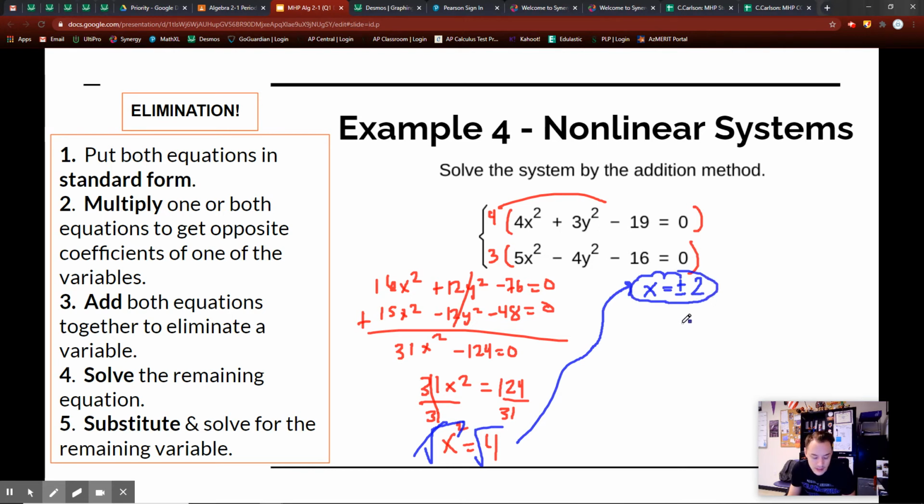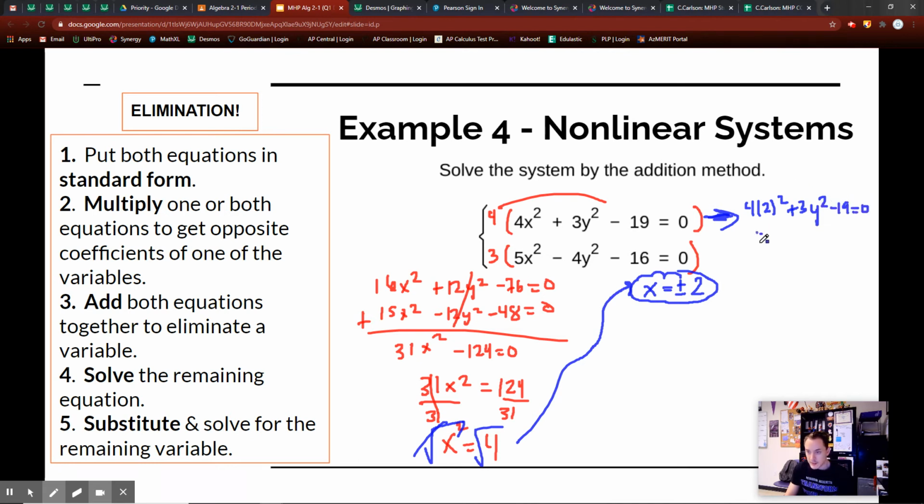How do I get my y's? Well, I just plug them in. Give me 1 second. So yeah, let's plug in positive 2 first. Let's do this equation. If I plug in positive 2, I get 4 times positive 2 squared plus 3y squared minus 19 equals 0.